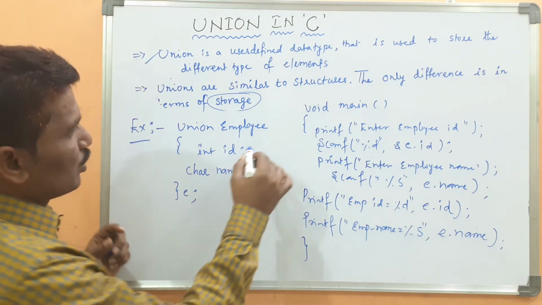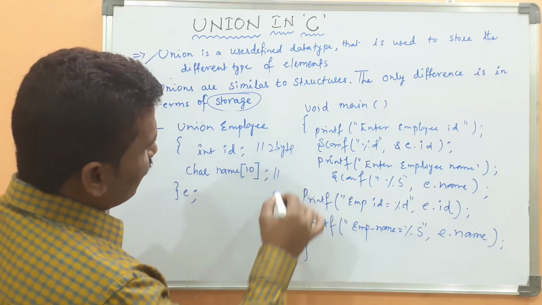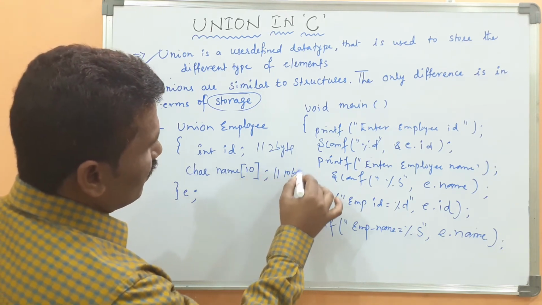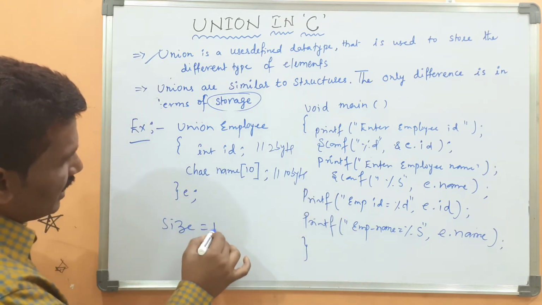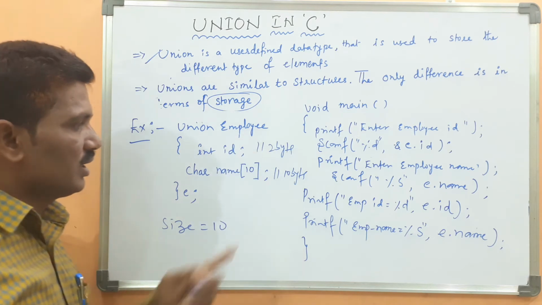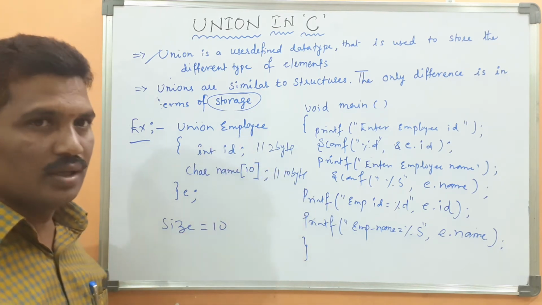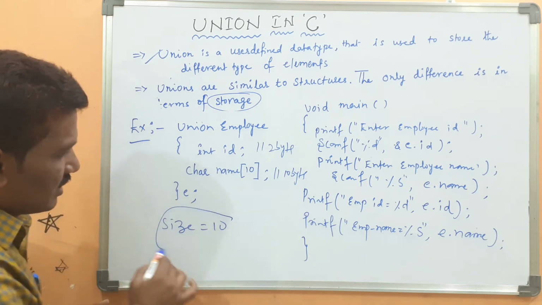Here it is having 2 bytes, then it is having how many bytes? 10 bytes. Okay, but what is the size of the memory? Size of memory is 10 bytes. What is the largest size in the union? 10 bytes. Okay, 10 bytes of memory will be allocated to the union variable e. What is the e?